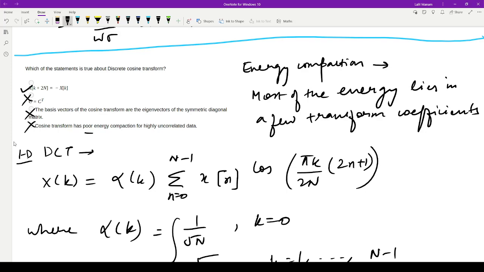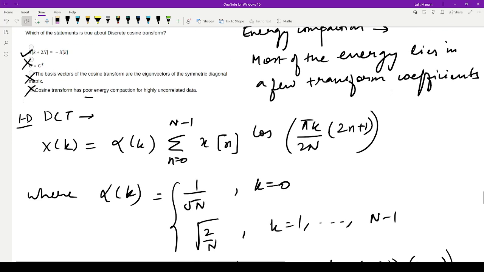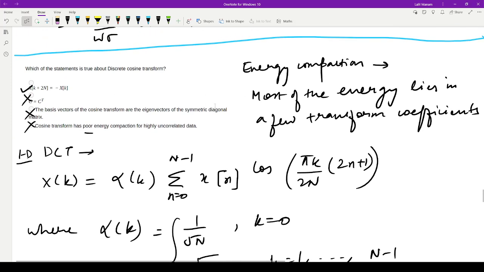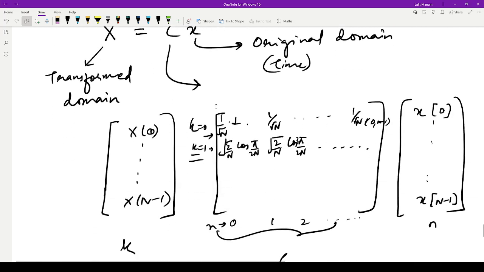So most of the energy is still concentrated in some areas. But for discrete cosine transform, the area is even smaller. Of course, DFT also has energy compaction property, but it's not as good as DCT. You have some energy compaction, but DCT is the good one.